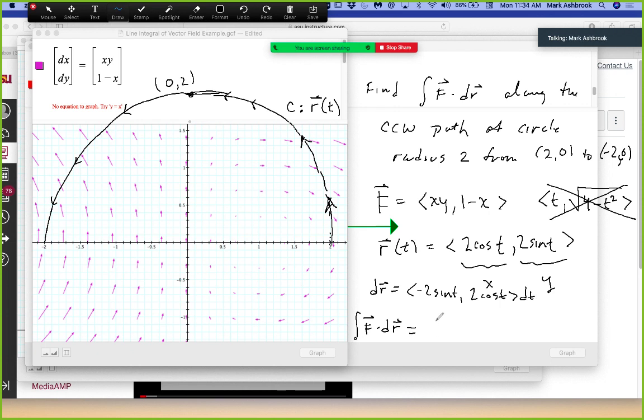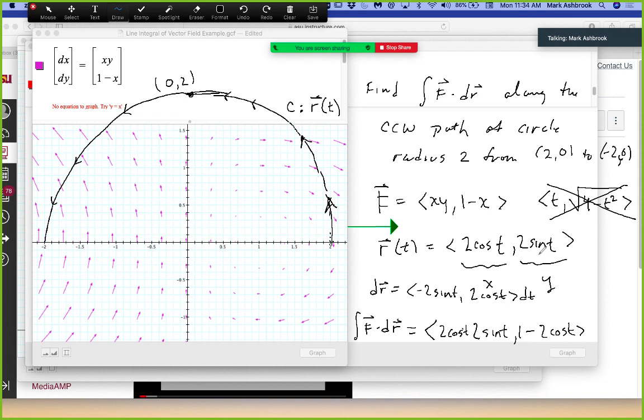So f is going to be what, 2 cosine t, 2 sine t, 1 minus 2 cosine t. So I'm just rewriting the vector function using the x and y. We only care about the x and y ordered pairs on this curve.